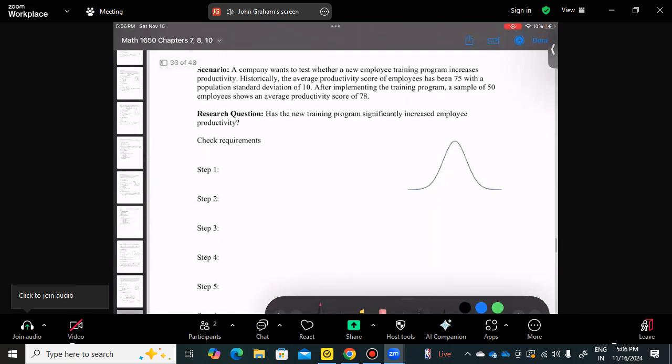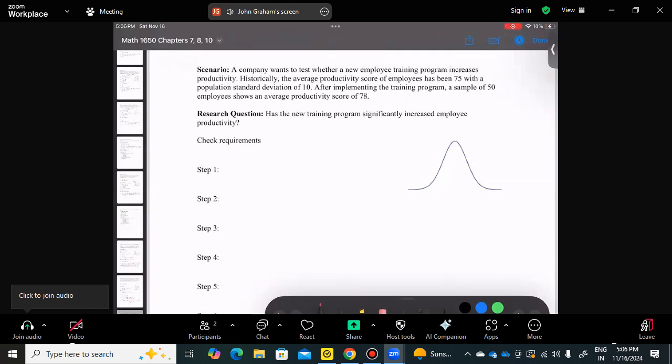A company wants to test whether a new employee training program increases productivity. Historically, the average productivity score of employees has been 75 with a population standard deviation of 10. After implementing the training program, a sample of 50 employees show an average productivity score of 78.